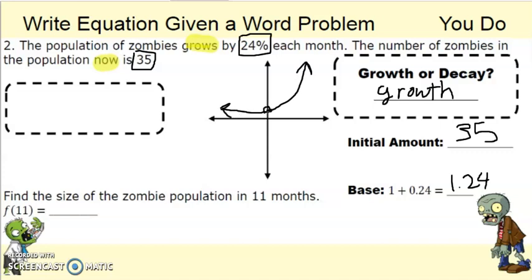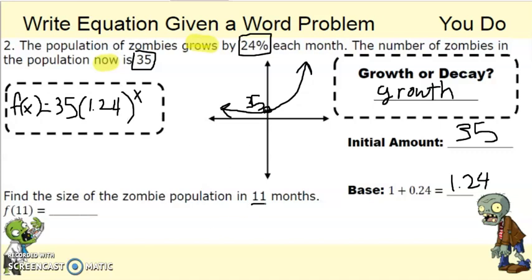And the original is 35. So our formula would be f(x) equals our original amount 35 times 1.24 to the x power.